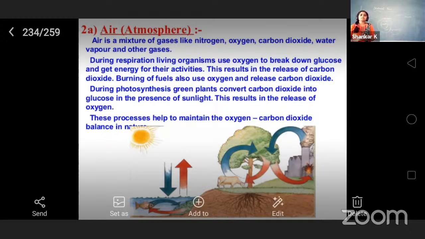During respiration, what do living organisms do, students? They use oxygen. We animals and human beings, while breathing, take oxygen and release carbon dioxide.